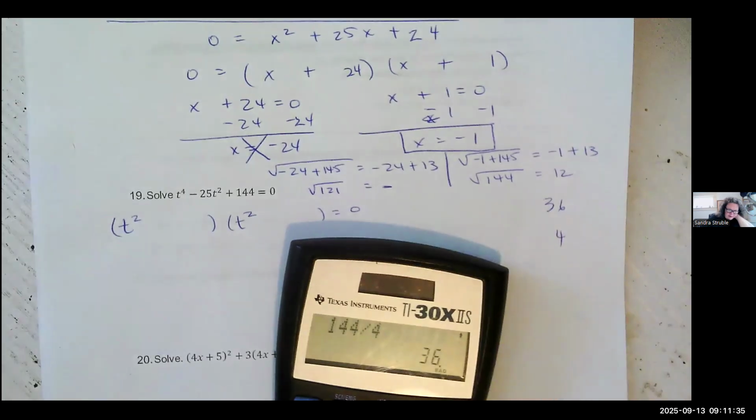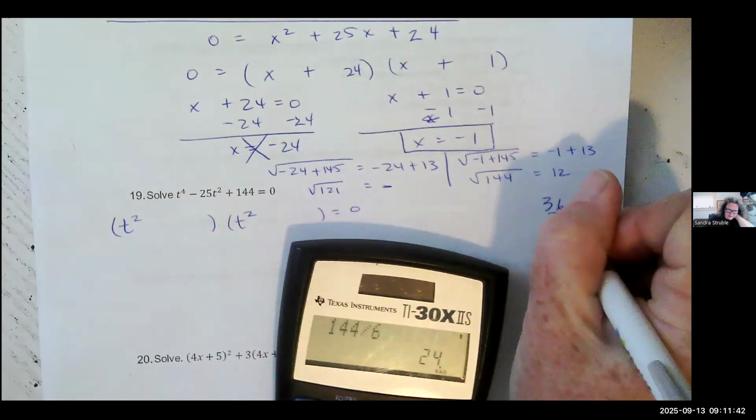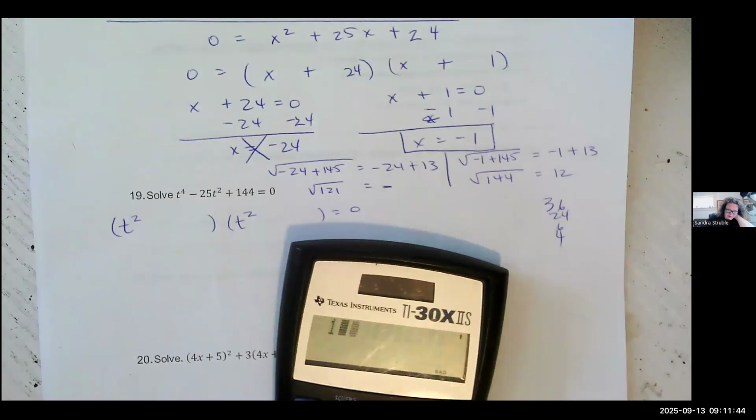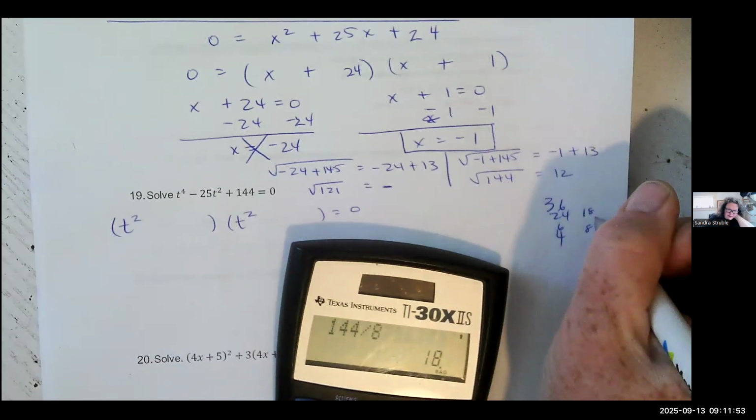Let's try 6. 6 and 24. Nope. Let's try 8. 8 and 18. I don't think that works either. No, because that gives me 26.